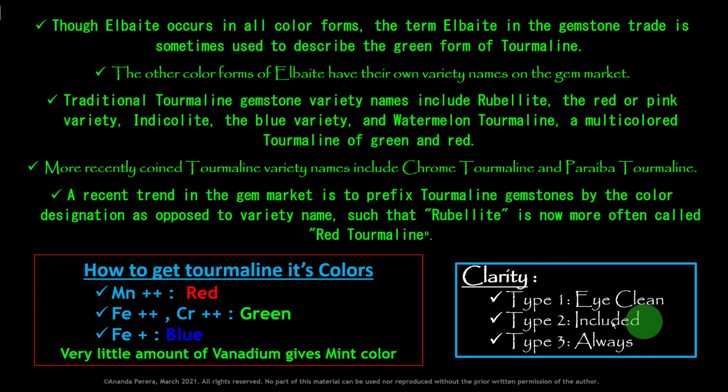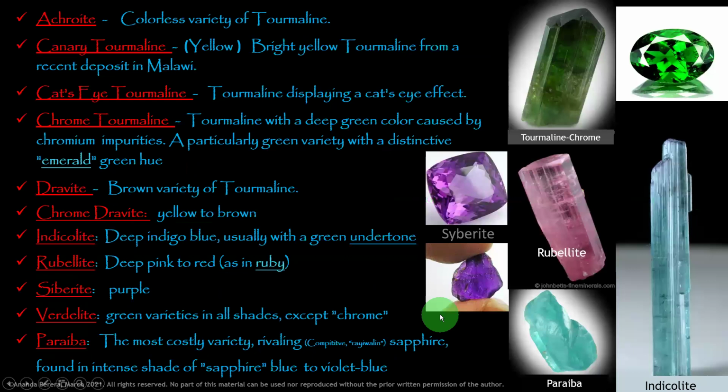Type 2 is included. Inclusions are visible, then it is type 2. Inclusions are not visible, that means eye clean, then it is type 1. A lot of inclusions are there, so that is type 3. So the clarity grading is only these type 1, type 2, type 3. The clarity is graded in a different way.